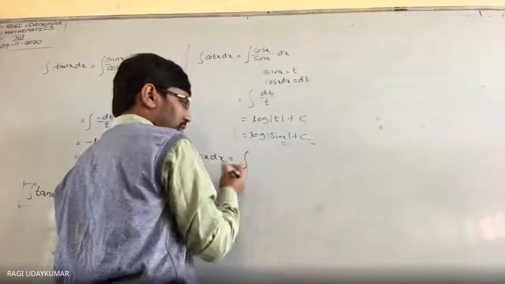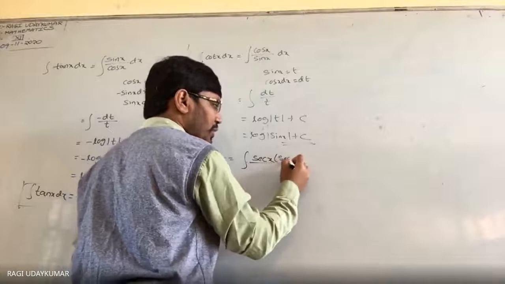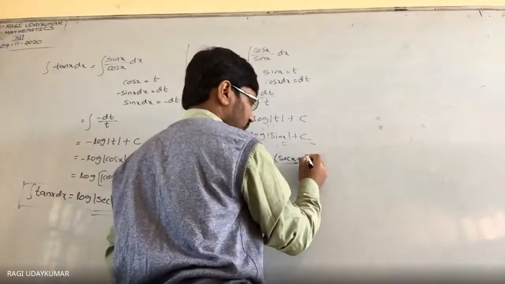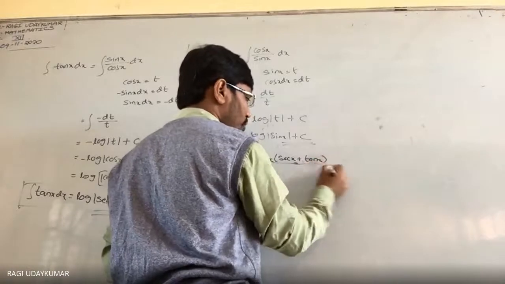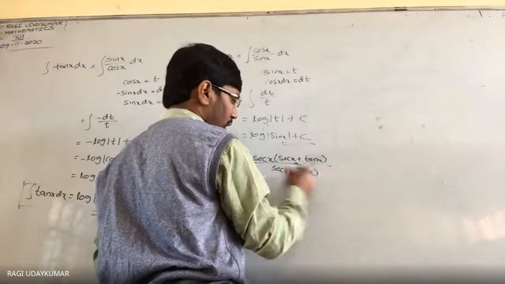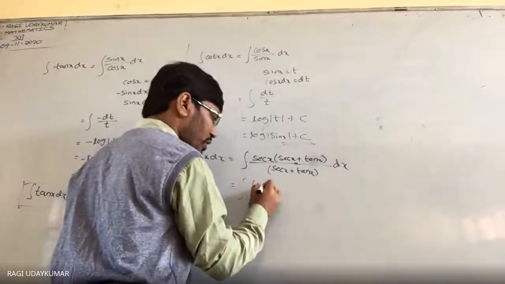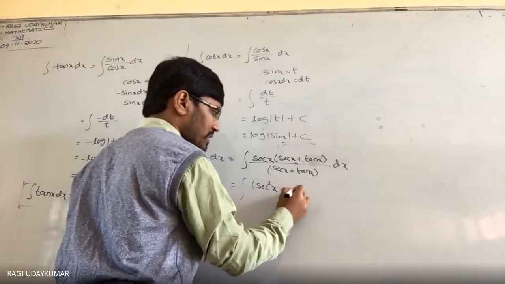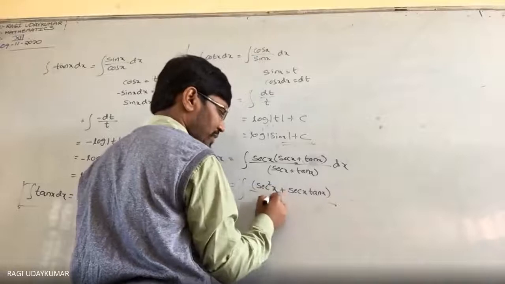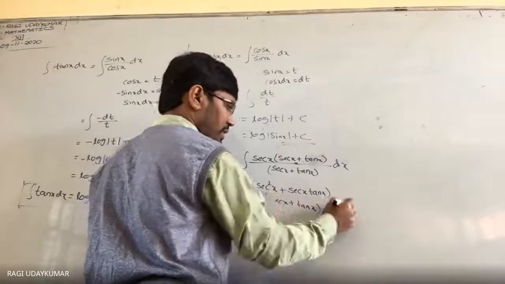For that purpose, secant x is there. In the denominator, you multiply and divide by secant x plus tan x. Sorry, multiply and divide, not add. If you do like this, in the numerator you get secant square x plus secant x tan x, by secant x plus tan x, dx.